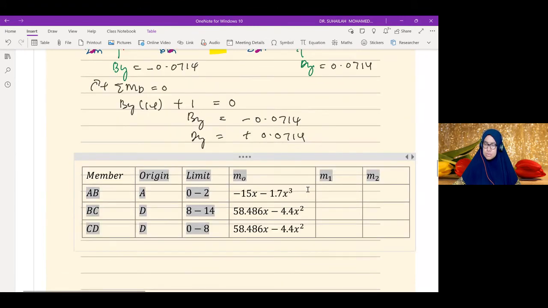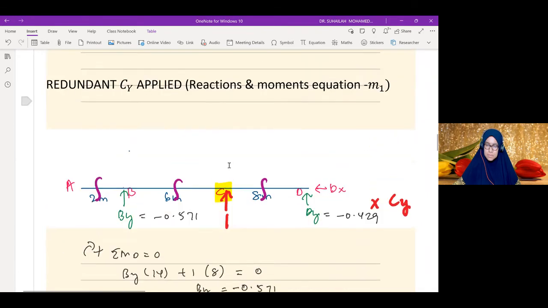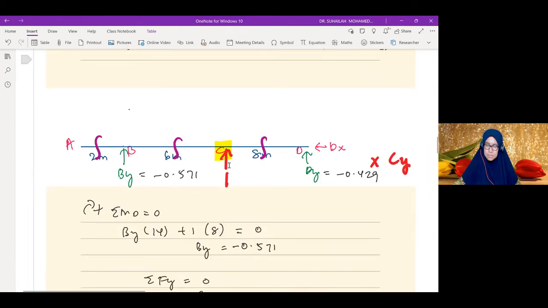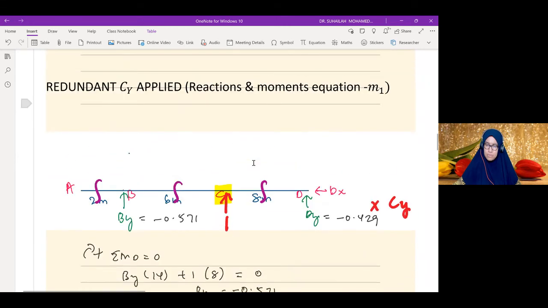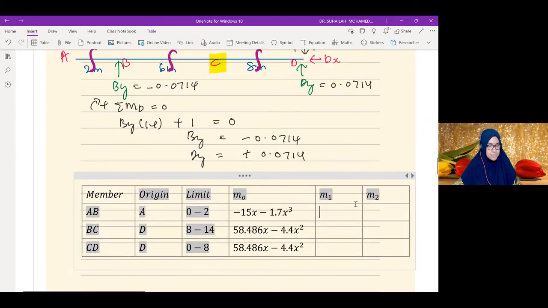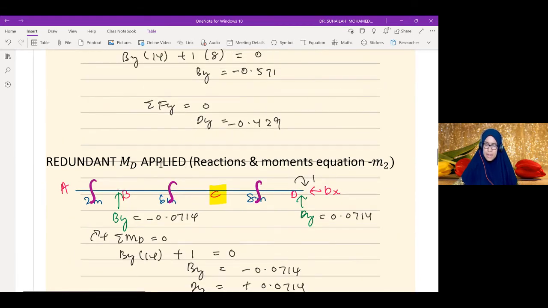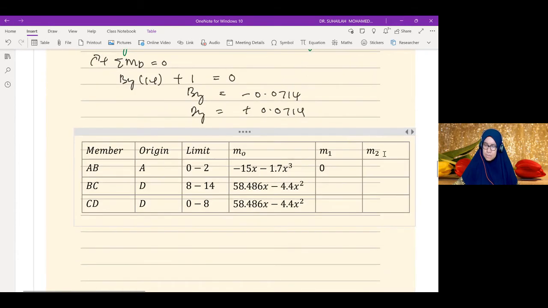Okay, so for redundant CY applied, M1 for AB is equal to 0. For redundant MD applied, again for AB it is equal to 0.